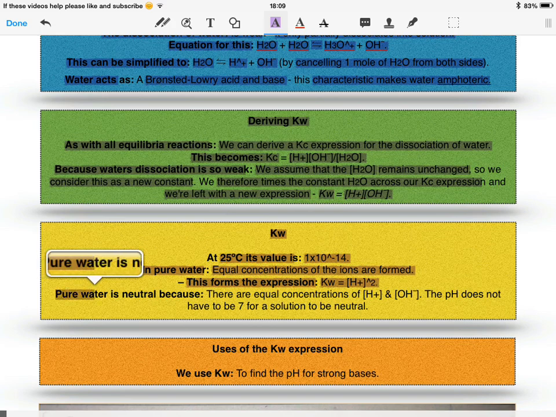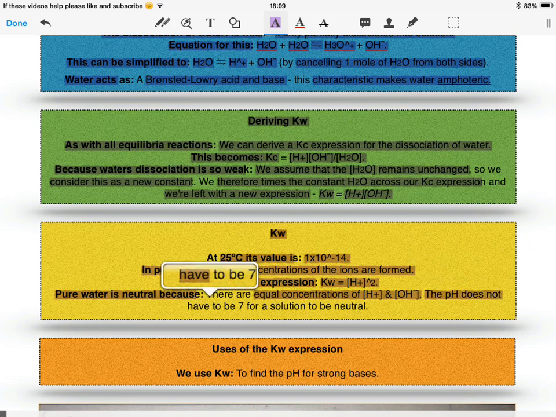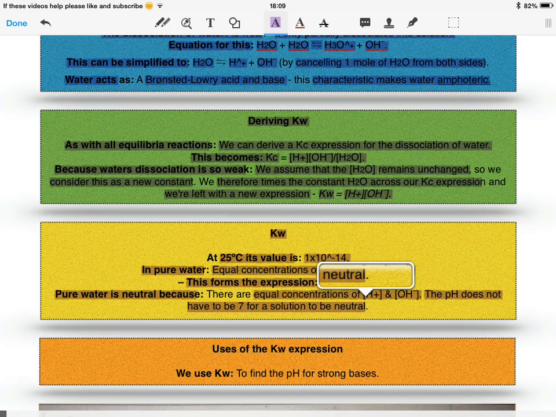Pure water is neutral because there are equal concentrations of H+ and OH-, and this therefore means that the pH does not have to be 7 for a solution to be neutral. It purely just needs the concentrations of the H+ ions and the OH- ions to be equal.